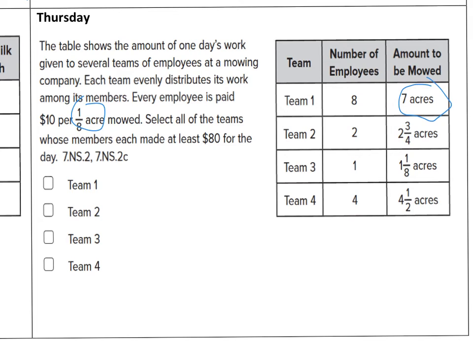So for Team 1, if they mowed 7 acres and you want to know how many eighths, we would divide: 7 divided by 1/8 is 56. That is the total amount of 1/8 acres that they would have mowed, and then we times it by $10, which is $560.